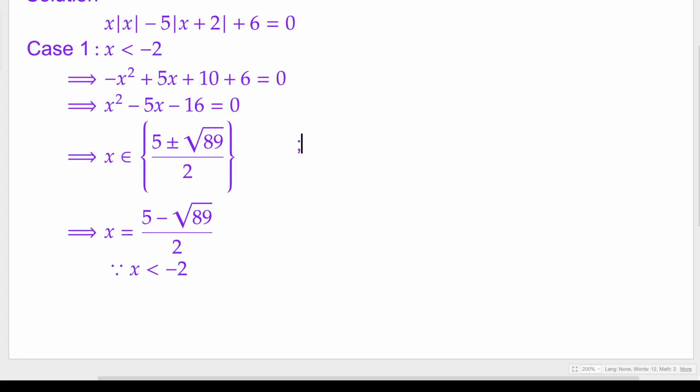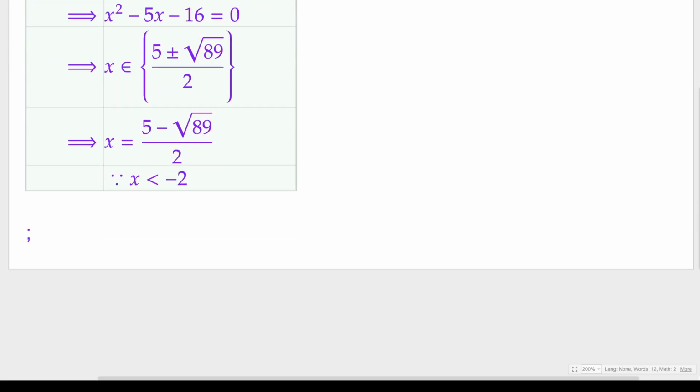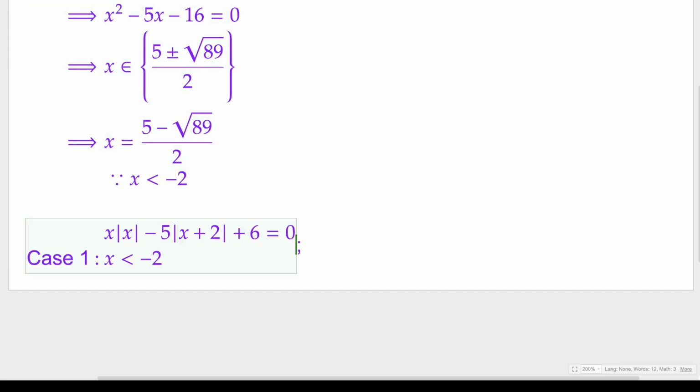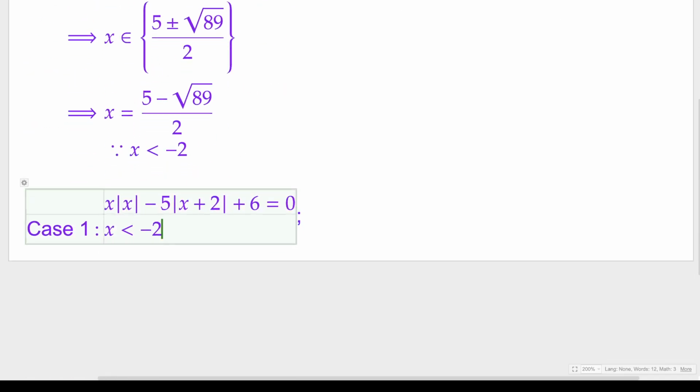Now we'll go over the next case. The equation remains the same, and this time we'll check the region from negative 2 to 0. So x has to be greater than or equal to negative 2, and at the same time less than 0, right?